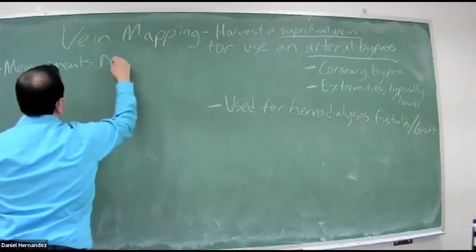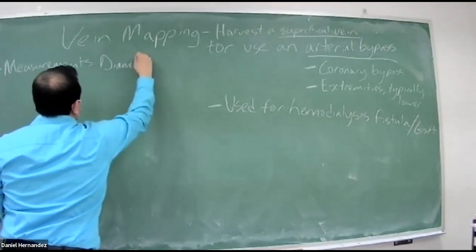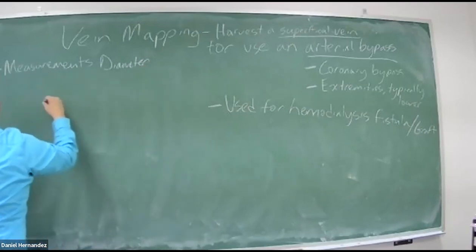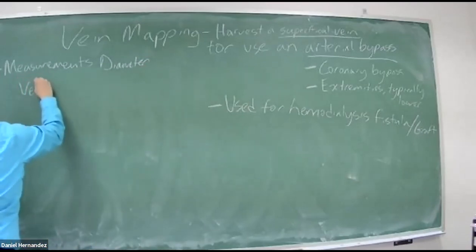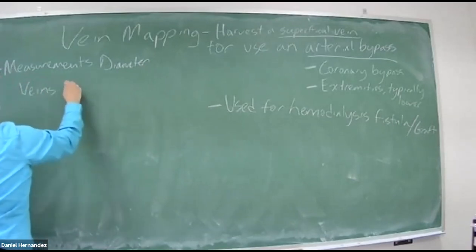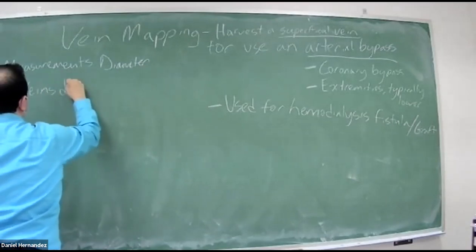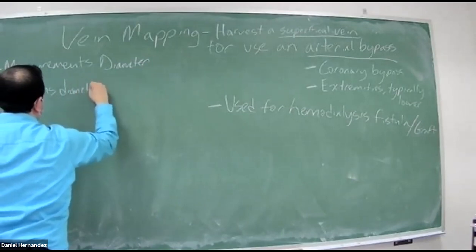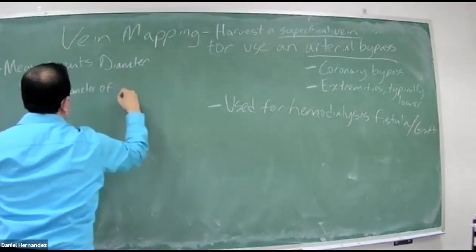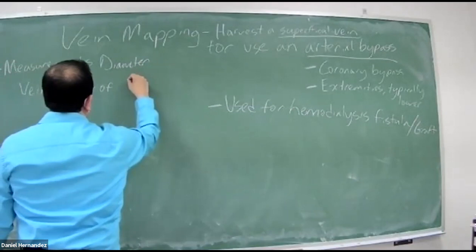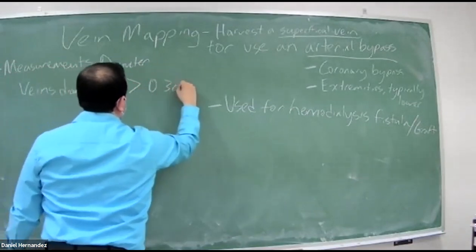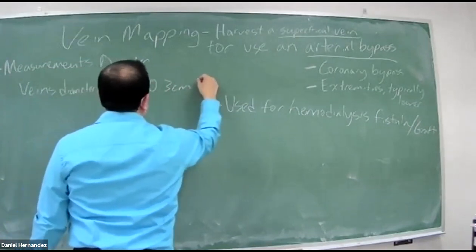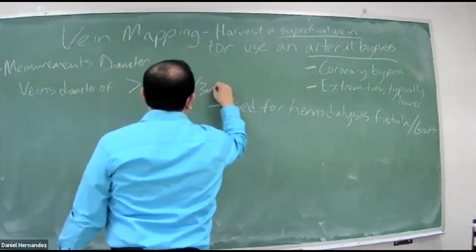Diameter. Veins need a diameter of greater than 0.3 centimeters, 3 millimeters.